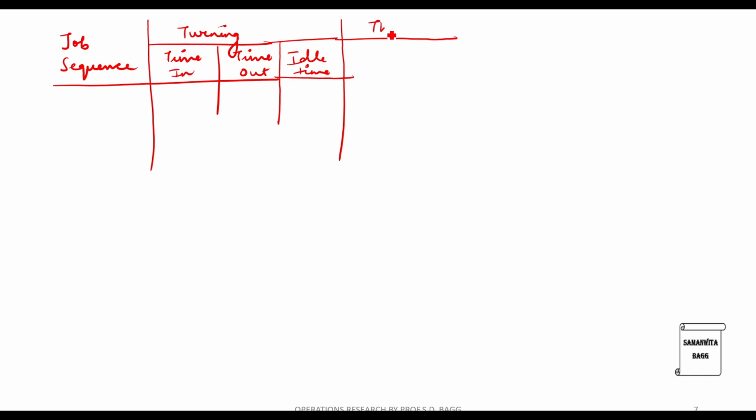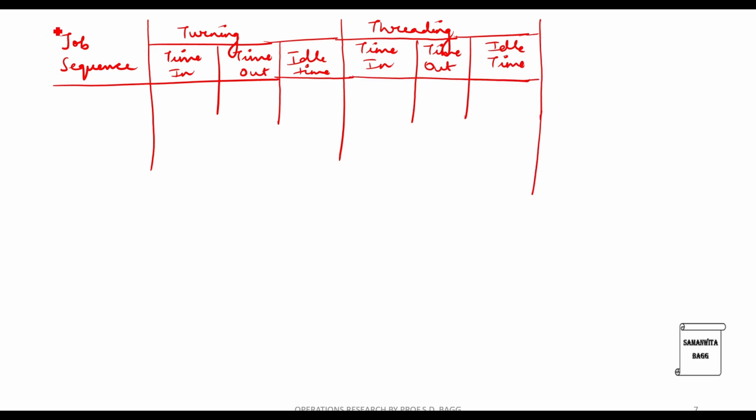Then we will write for threading, the time in, the time out, and the idle time. Here we'll write out the job sequence. So we have 4, 1, 3, 2, 5, 6.